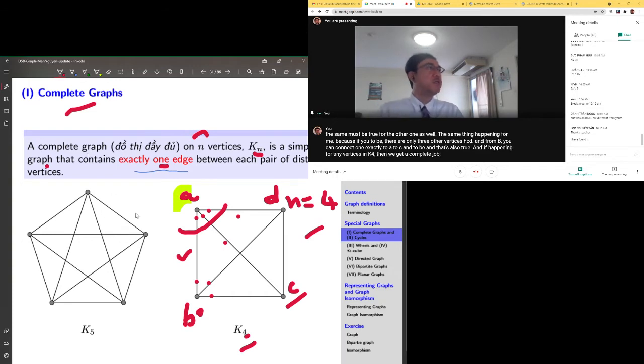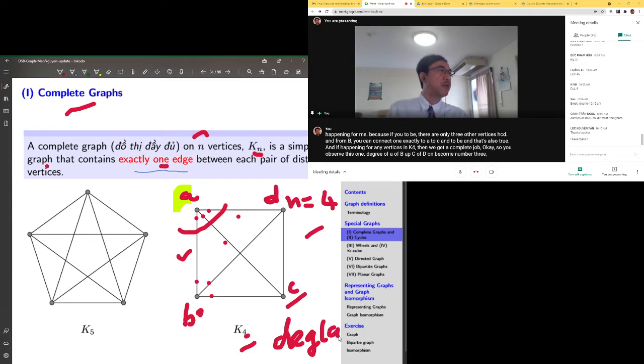Okay? So you observe this one. The degrees of A, B, C, D all become number 3 in the right hand side graph, you see. And number 3 here is actually equal to the total number of nodes minus 1, you see.